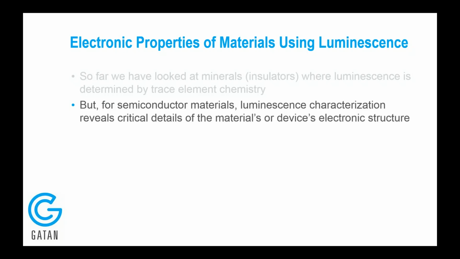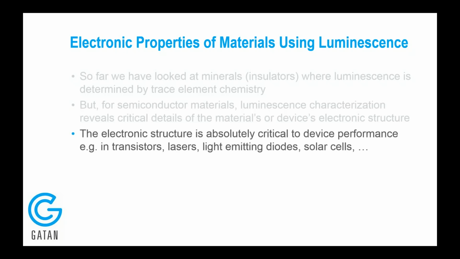And in semiconductor materials, luminescence characterization is absolutely critical for revealing the electronic structure of a material or a device. And the electronic structure really governs the device performance for a whole wide range of technologically important devices. So transistors, lasers, light-emitting diodes, solar cells, and the list goes on and on. So being able to characterize the electronic structure of semiconductors is of vital importance.